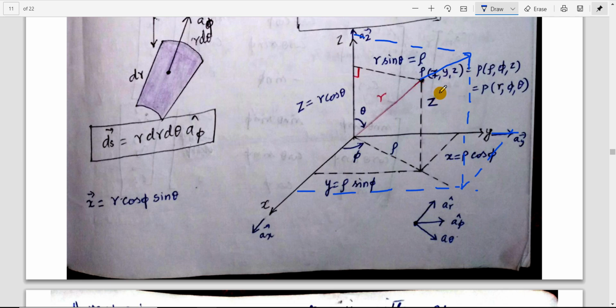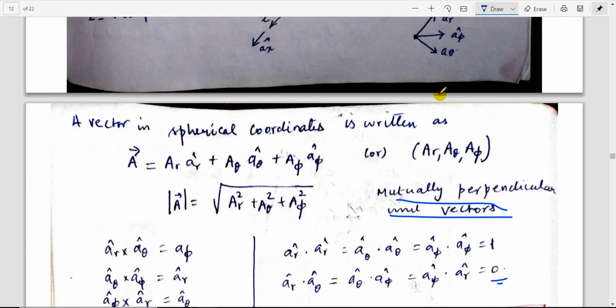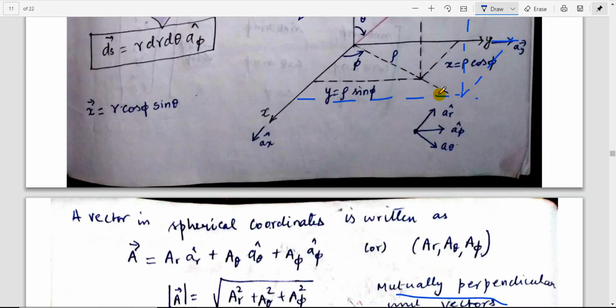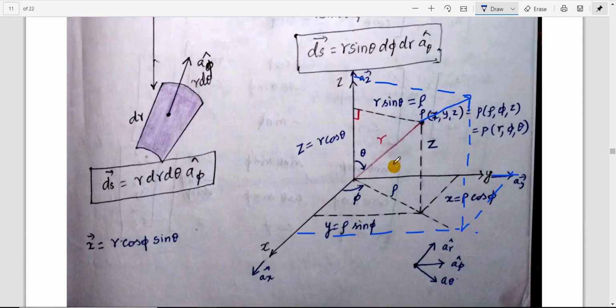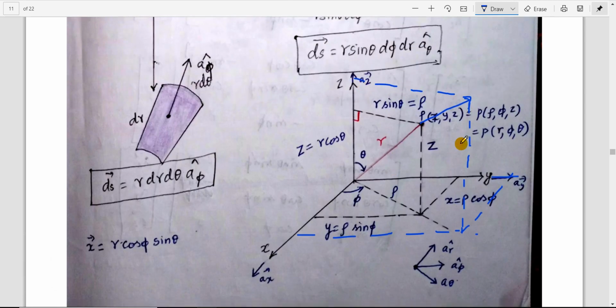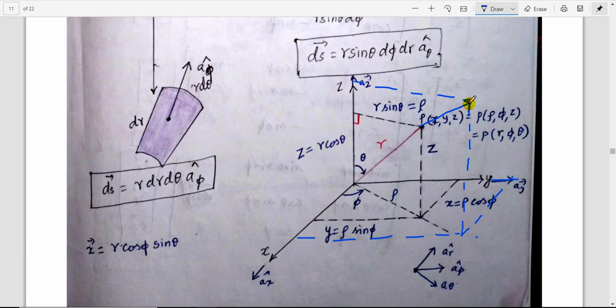Now just listen, AR cap having the 3 projections, one is here, another one is here. So this is the y-axis projection, this is the x-axis projection, and this is the z-axis projection. Z-axis projection is being measured from this particular point to the z-axis. So this is traveling in the negative direction of the z.